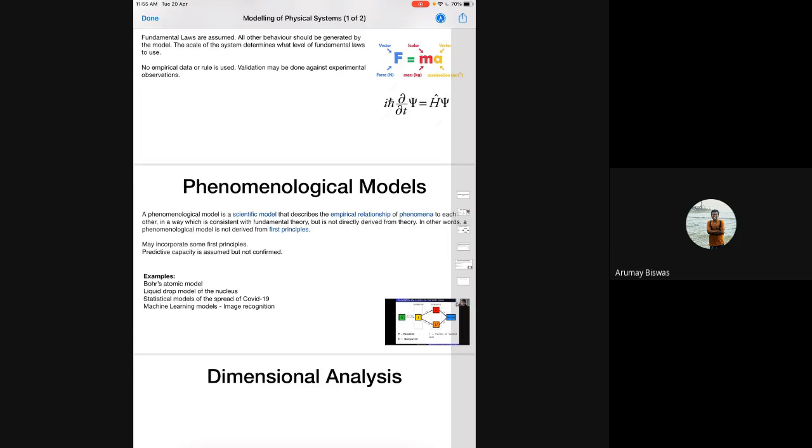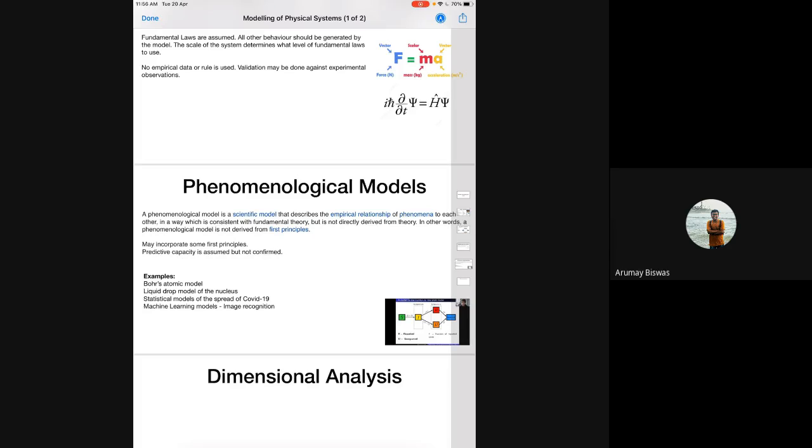Now, some very common models were phenomenological models. I've put some examples here. Bohr's atomic model, for example, was a phenomenological model. He observed the spectra and suggested that this might be the atomic structure.